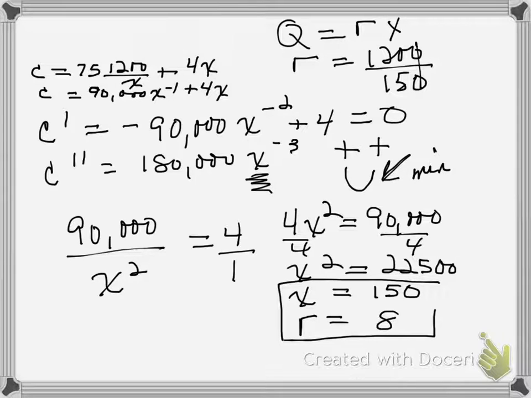So we have found that we should place 8 orders of frozen orange juice cases, and in each order we should have 150 cases. Okay, that will get us our quantity sold in a year of 1200. Alright, so that's how this problem goes. We're going to now work on the next page, and in that page we're going to just see if we can analyze the setup and answer some questions.